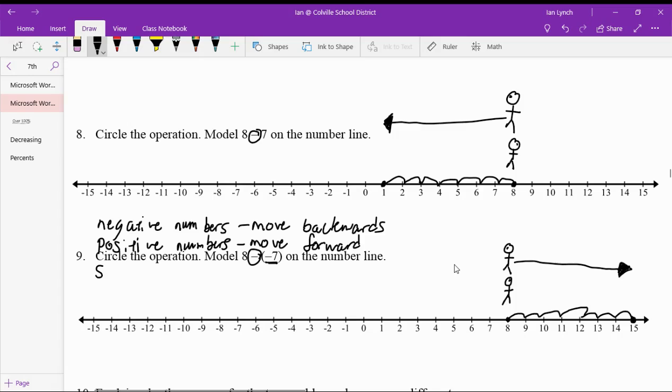And subtraction means we turn around. So if we see a subtraction sign there, that means we're going to make a full 180 and we're going to turn around.